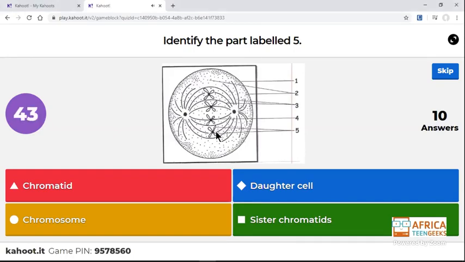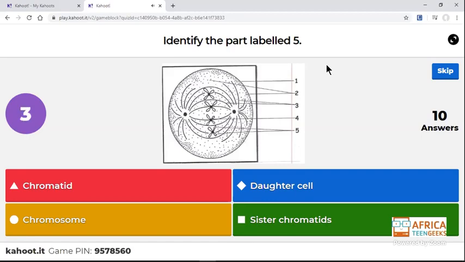So what is this part 5? You must verify, guys. If you click the wrong answer, then type it out.